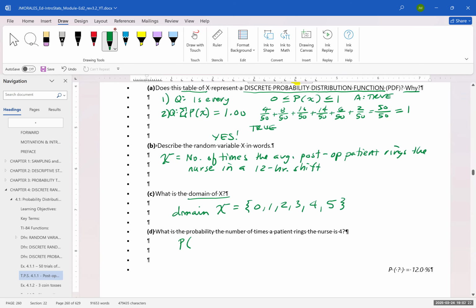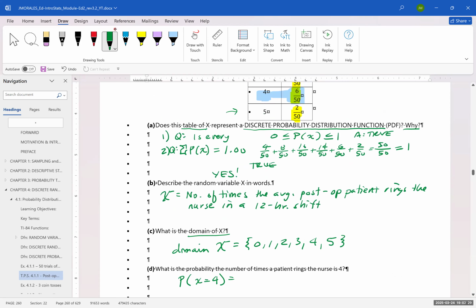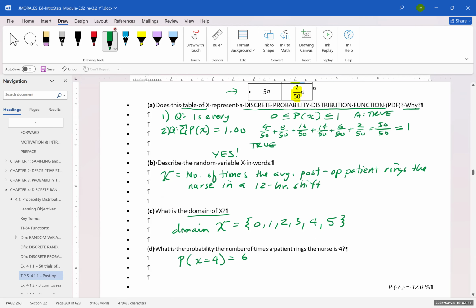So the probability that x equals 4 is equal to 6 out of 50, which comes out to 0.12 or 12.0%. There you go.